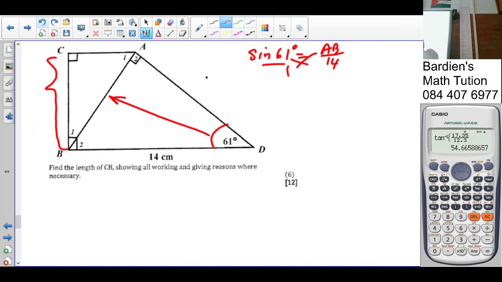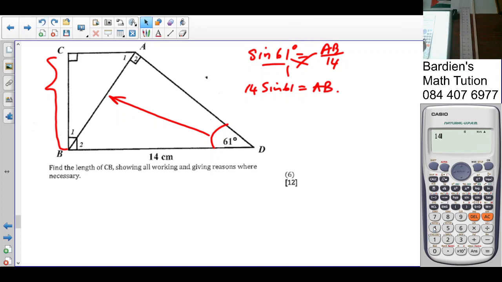So cross multiply: 14 sine 61 is equal to AB. So 14 sine 61 gives you 12.24. So AB is 12.24 centimeters.